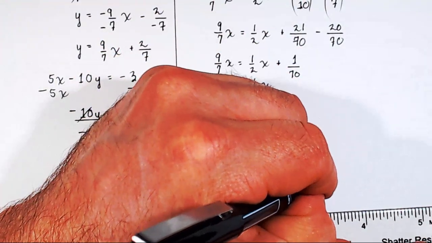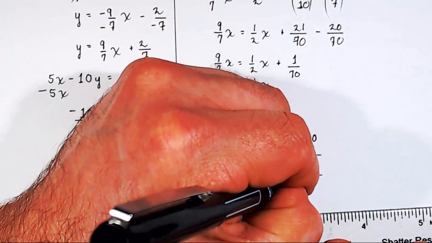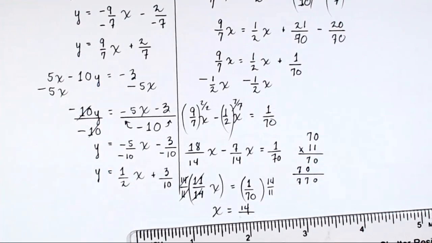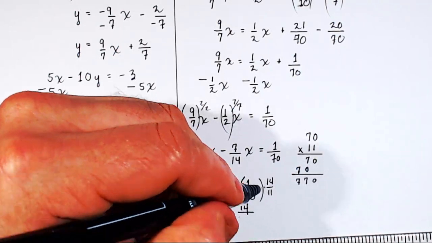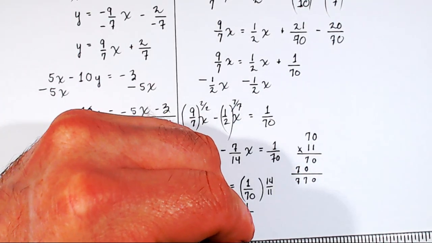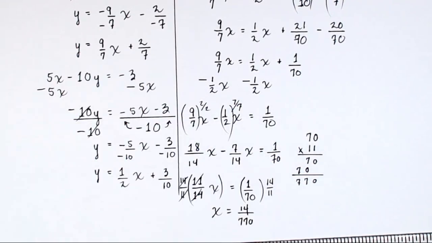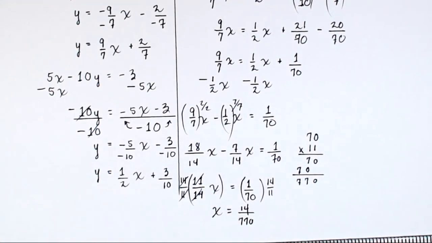So if I now stack add, I have 0, 7, and 7. So 770. So what I'm saying is 70 times 11 is 770. So x, the x component of our xy solution for this system, is 14 over 770.